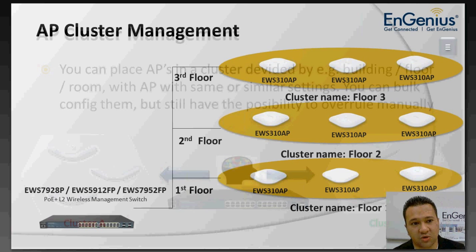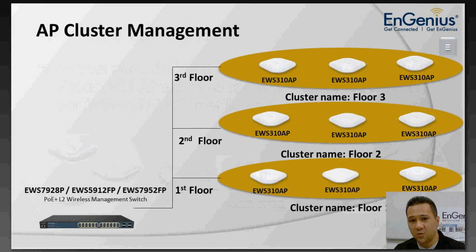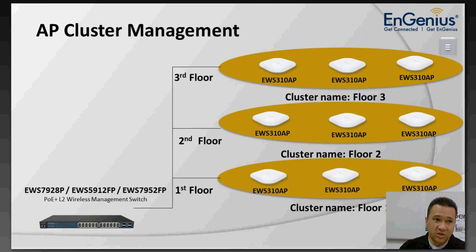A small example can be that, for instance, you have a building with 9 access points divided over 3 floors, 3 access points per floor, and what you can do is group the 3 access points of each floor, making 3 different clusters, where the first floor has a cluster with access points for your own network but also for guests, and on the second and third floor you just don't give a guest network on the cluster.